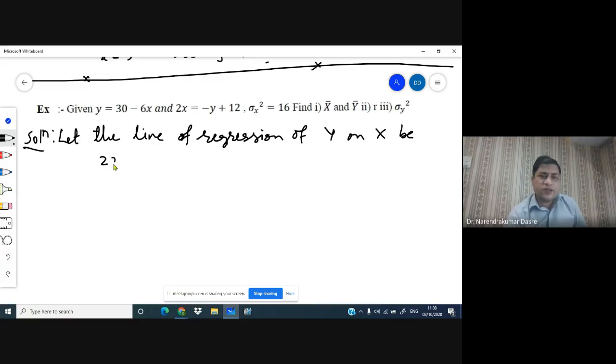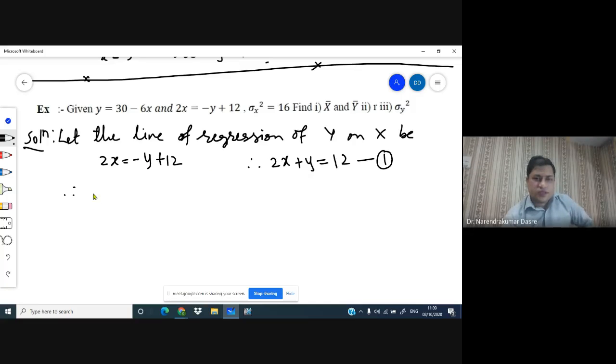So I have 2x is equal to minus y plus 12, and hence I can write 2x plus y is equal to 12. This is equation 1. Taking y to the other side, y is equal to minus 2x plus 12.